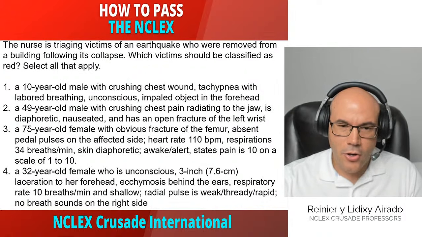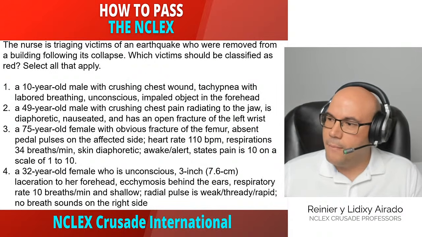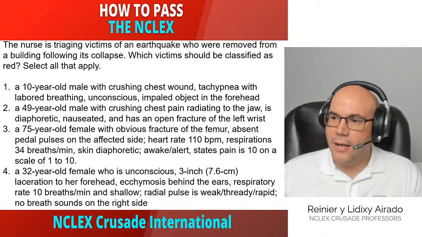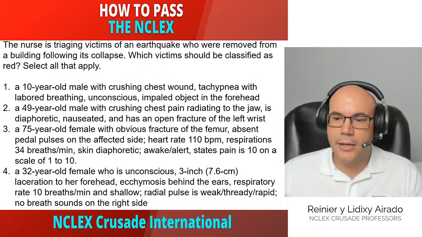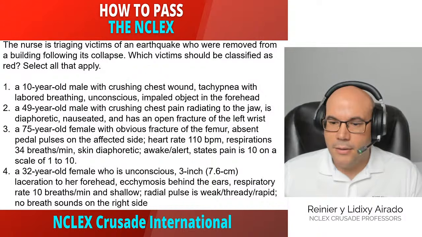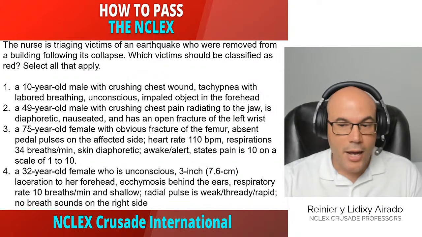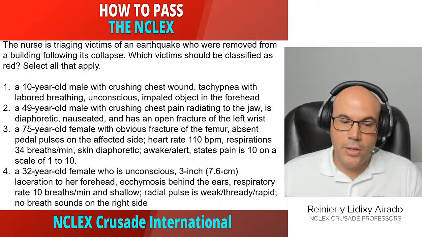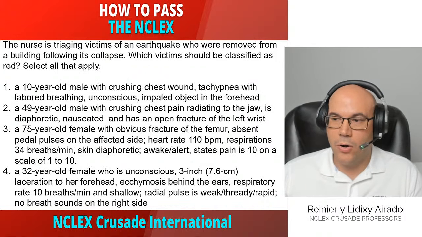Let me see your comments in the comment section. What category would you put patient number 1? The 10-year-old with tachypnea, labored breathing, unconscious, impaled object. See? Patient number 1 is not red. Patient number 1 will go into the black or expectant category.